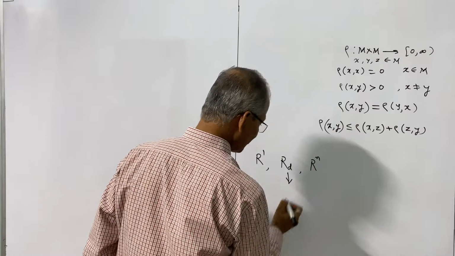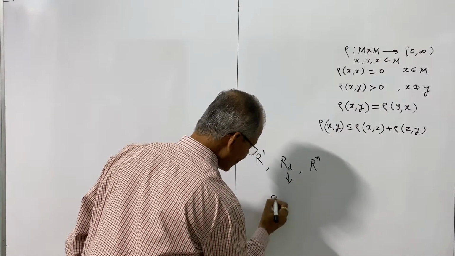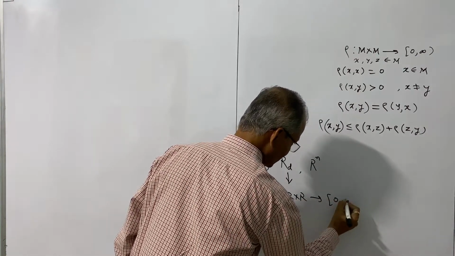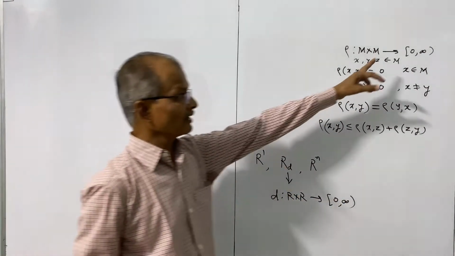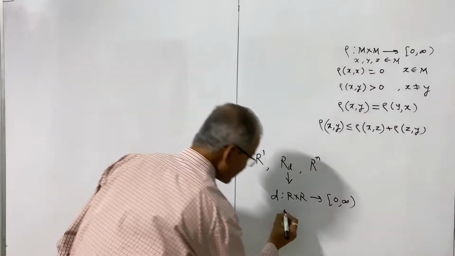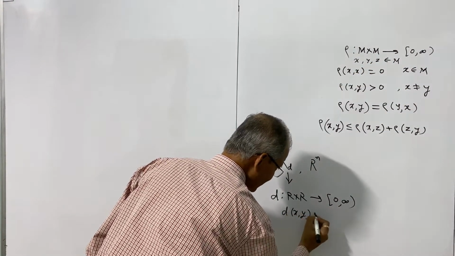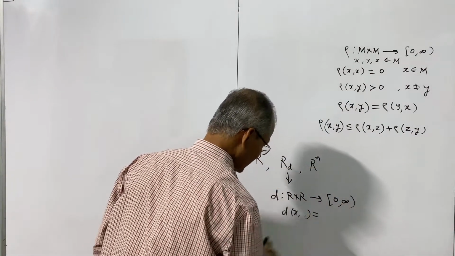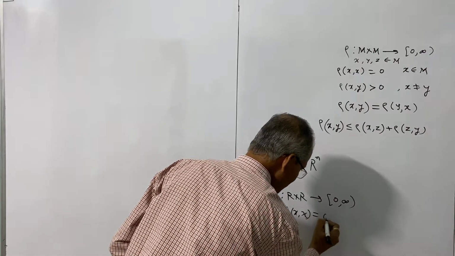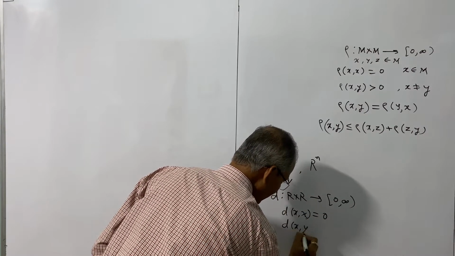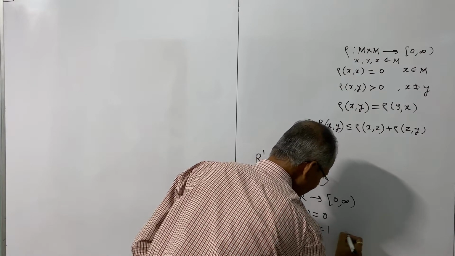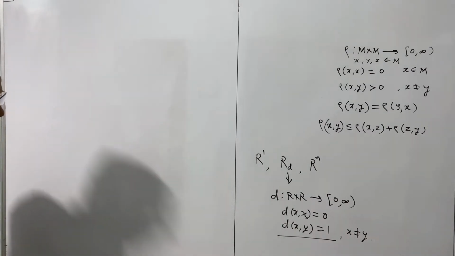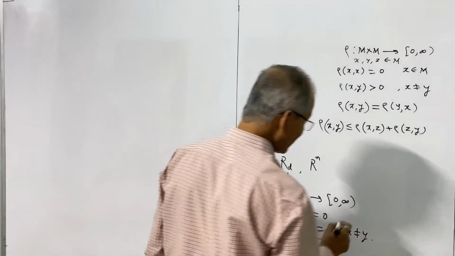And for R_D, this example, we defined d from R cross R to the non-negative real numbers, as in the definition, where d(x,x) is 0 and d(x,y) is 1 for x not equal to y. So this is the discrete metric space, and that discrete metric space is again on R.